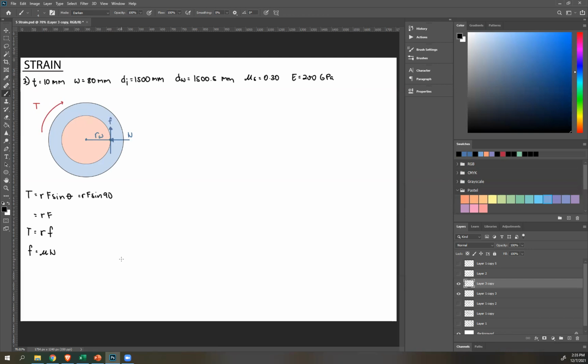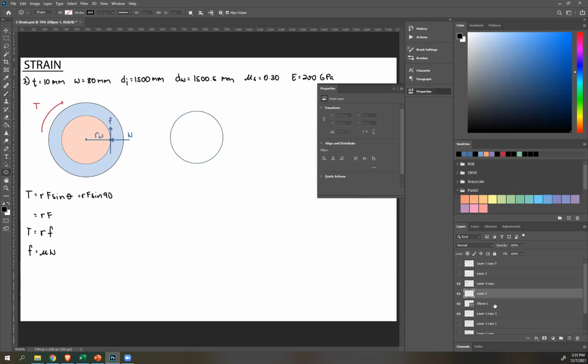If you try to get a cross section on your tire, you can see a better view of what's happening. Right? Let's draw a circle again. Okay.